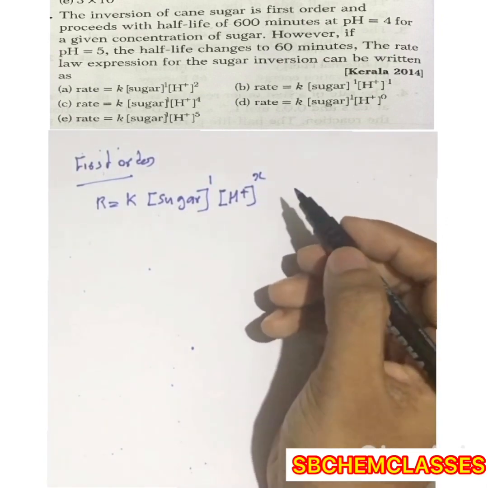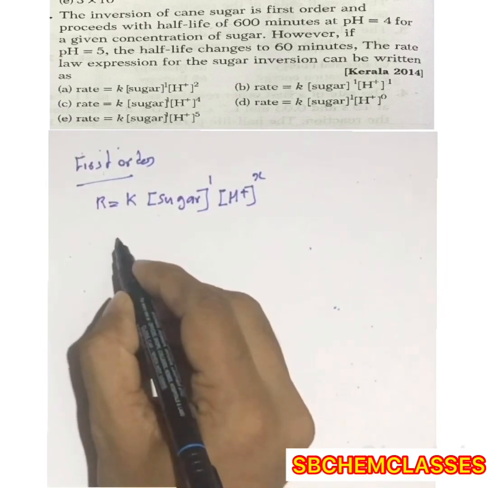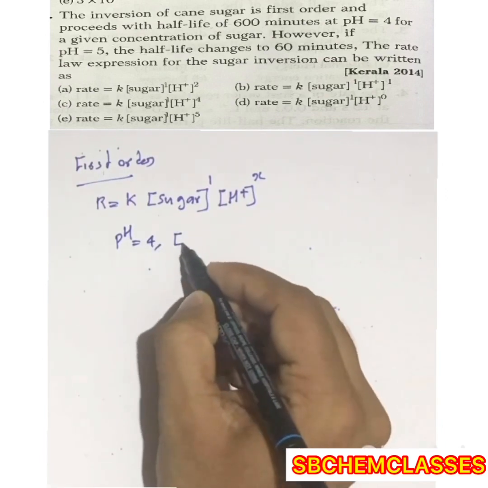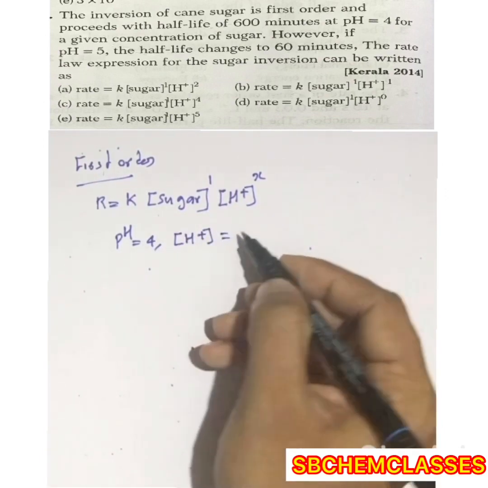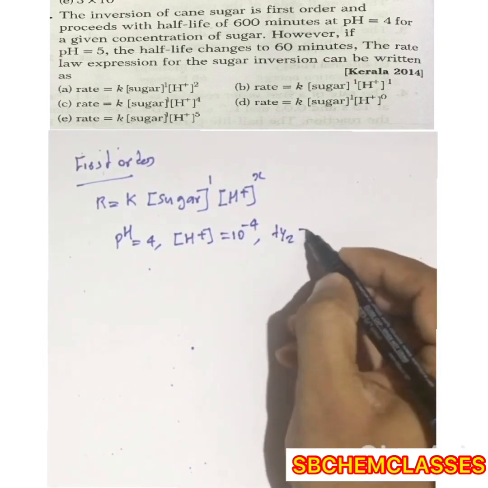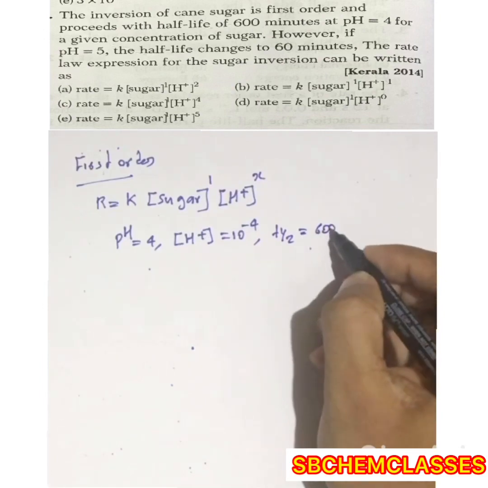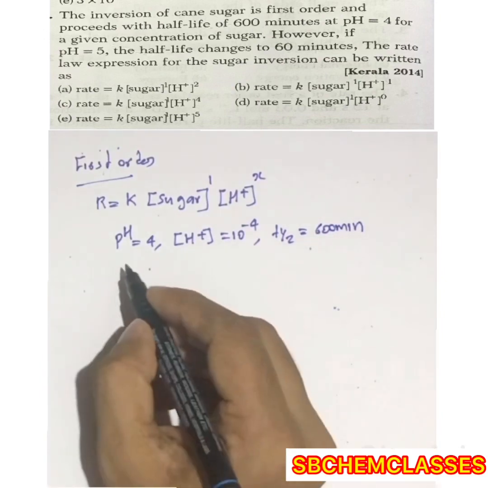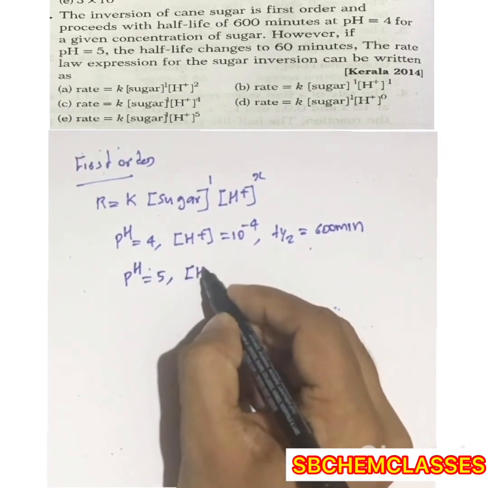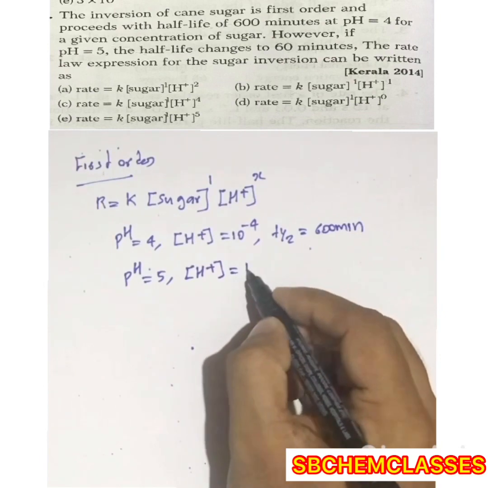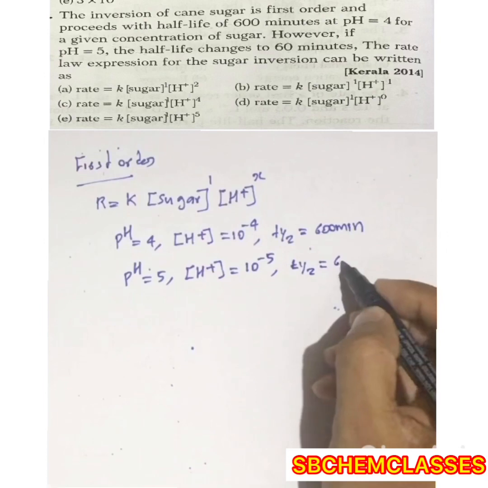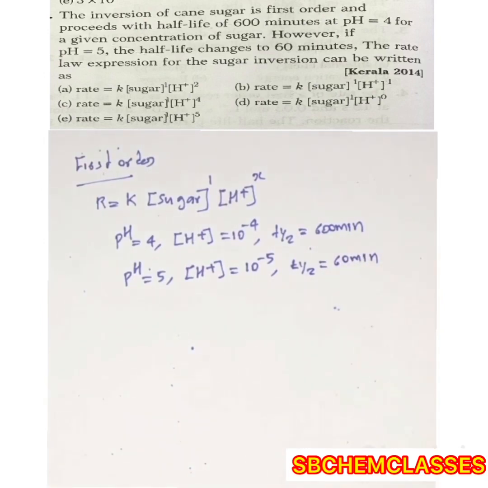To determine that power, in the question, if pH equal to 4, that is concentration of H plus equal to 10 raised to minus 4, T half is given as 600 minutes, and if pH equal to 5, concentration of H plus equal to 10 raised to minus 5, then T half equal to 60 minutes.